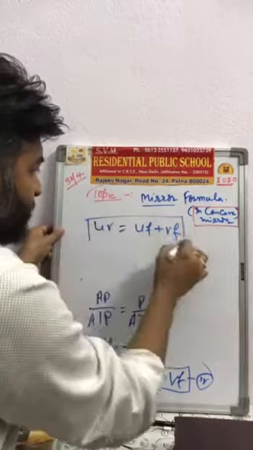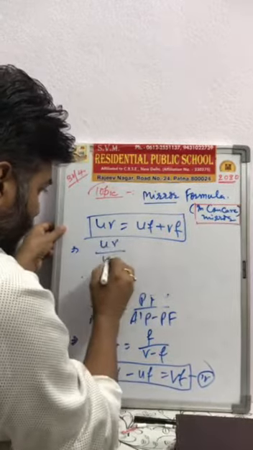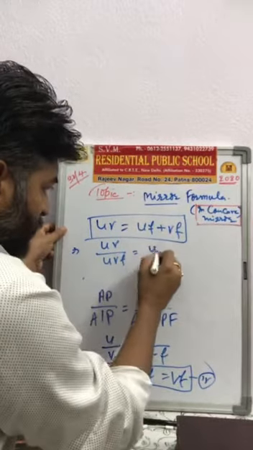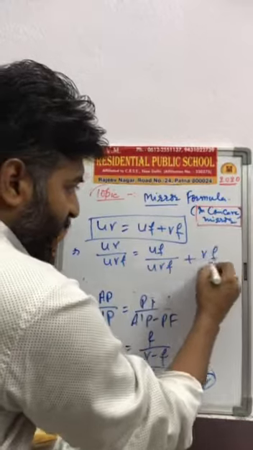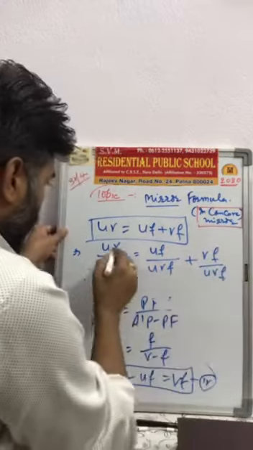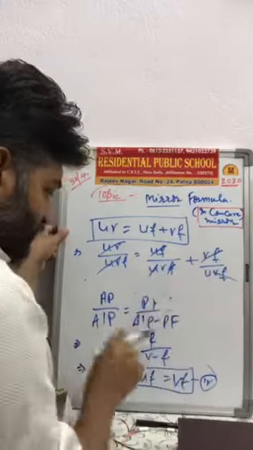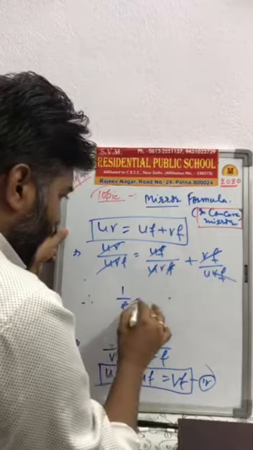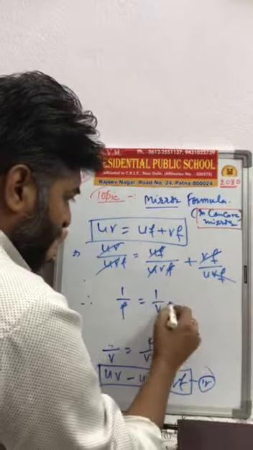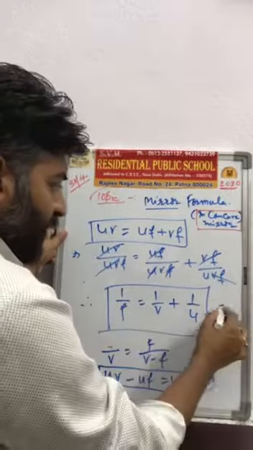By dividing this by UVF, we have UV by UVF is equal to UF by UVF plus VF by UVF. Therefore 1 by F is equal to 1 by V plus 1 by U. This is our mirror formula.